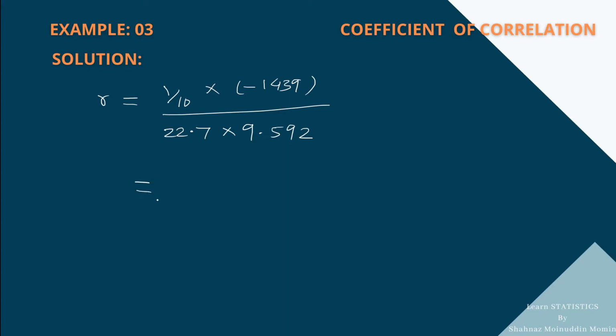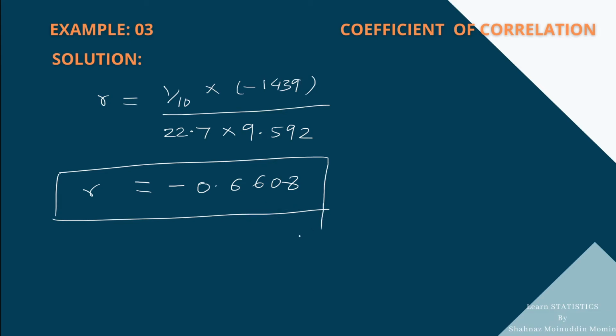After simplifying, we get r equal to minus 0.6608. This is the value of correlation coefficient between x and y, and from the value of r we observe that there is a negative correlation between the variables x and y.